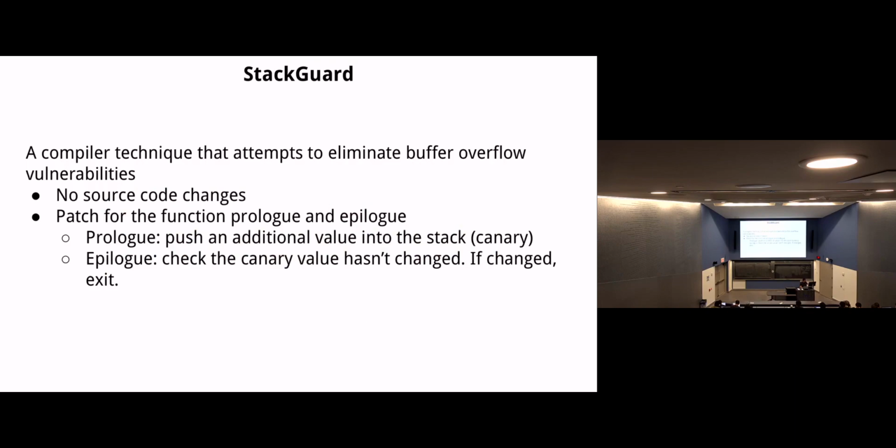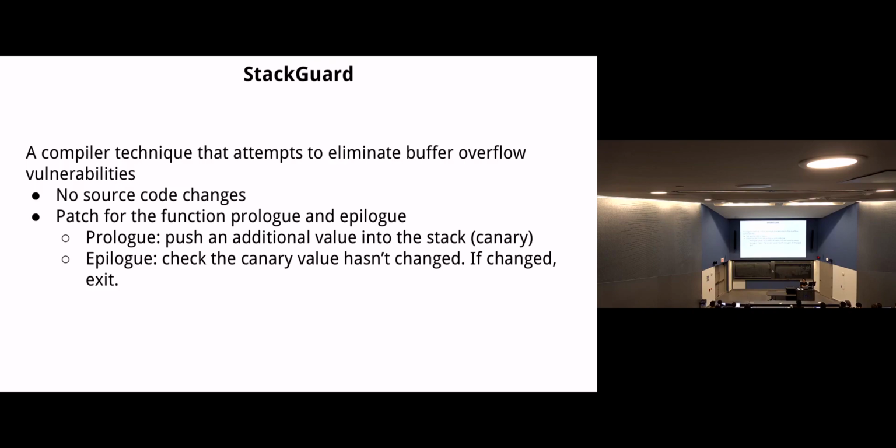So in short, this is a compiler technique that attempts to eliminate, or make buffer overflow much harder to exploit. This is not a direct approach, so it doesn't really tackle the root cause. It doesn't remove buffer overflow.